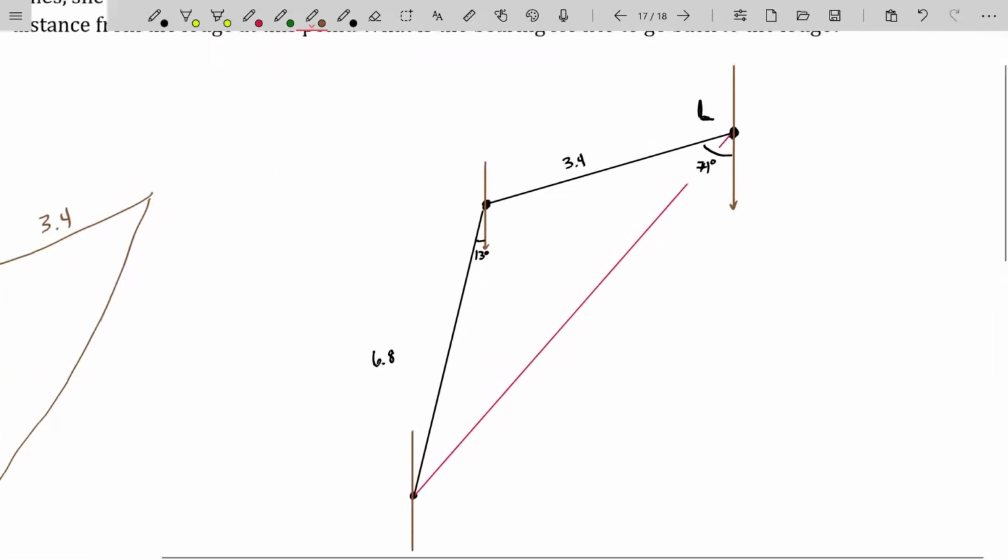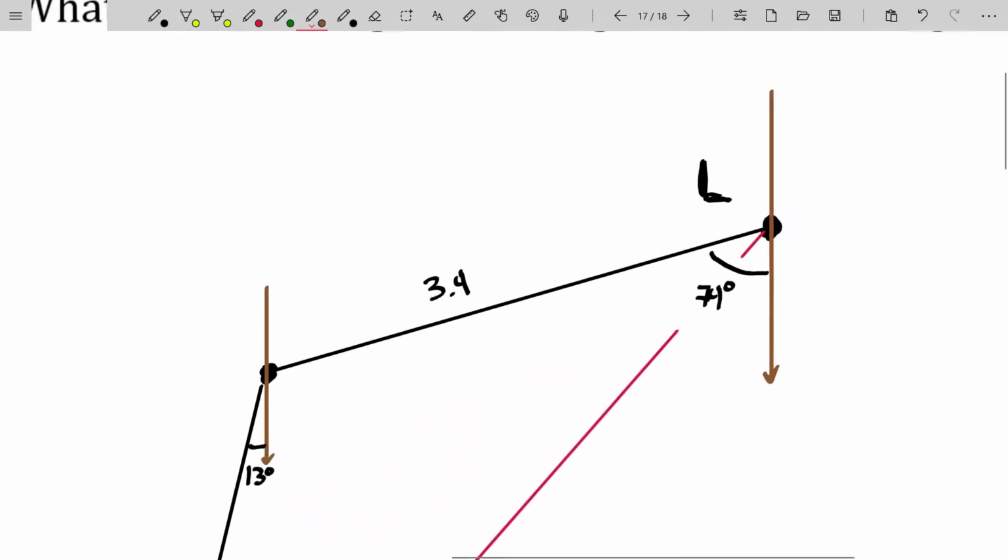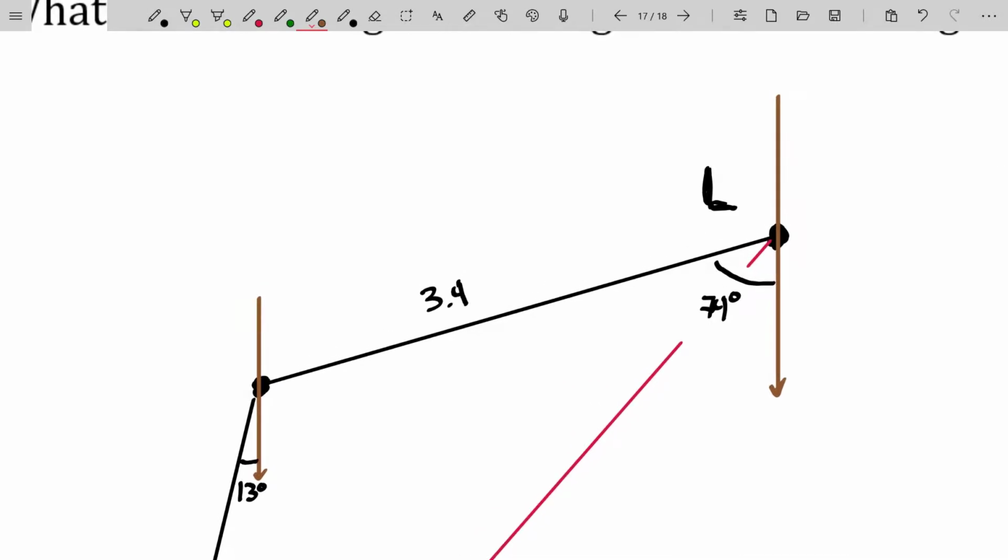And that comes from using alternate interior angles. For example, if this angle right here is 74 degrees, then this angle right here should also be 74 degrees because they're alternate interior angles of parallel lines.